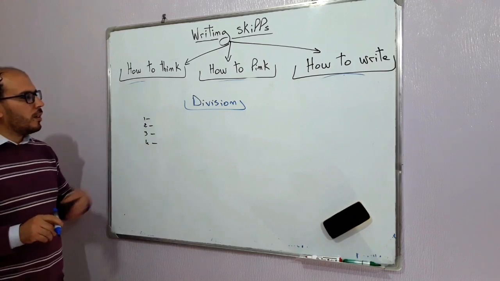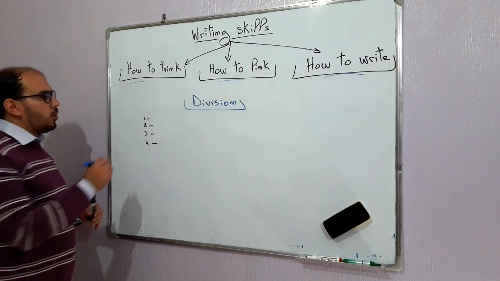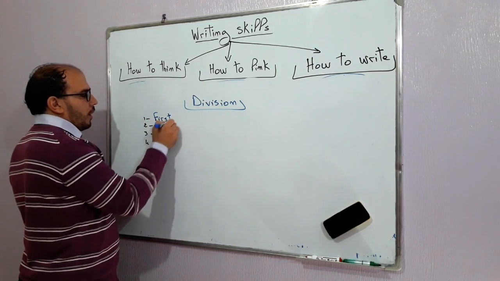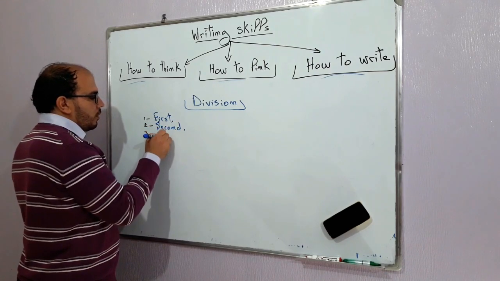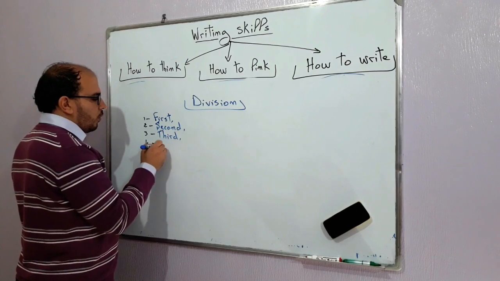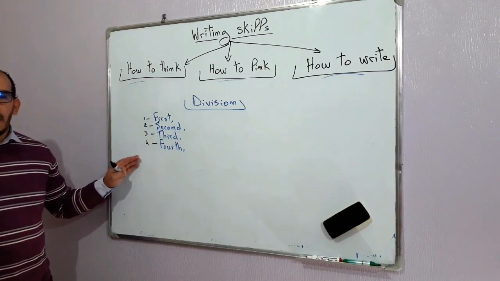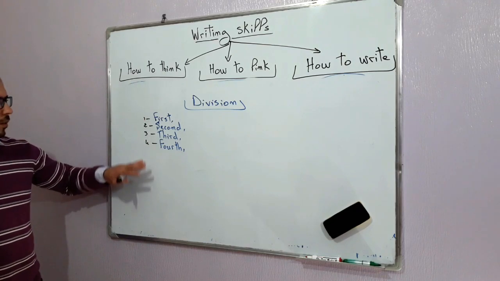So how can I link between these ideas having this order? The first one we can say first, second, third, fourth. So this is one way. First, second, third, fourth, fifth, sixth, and so on.